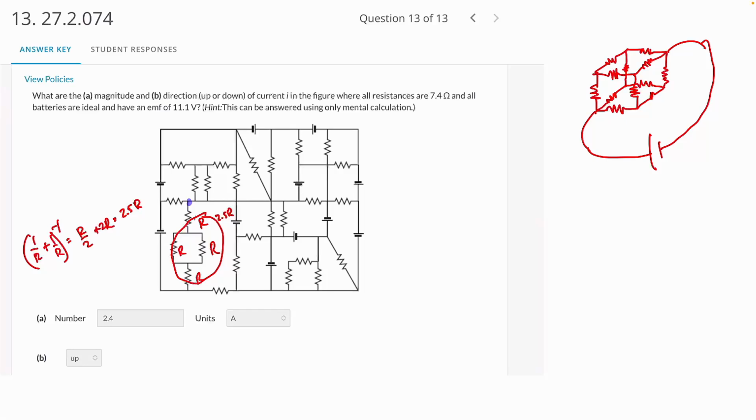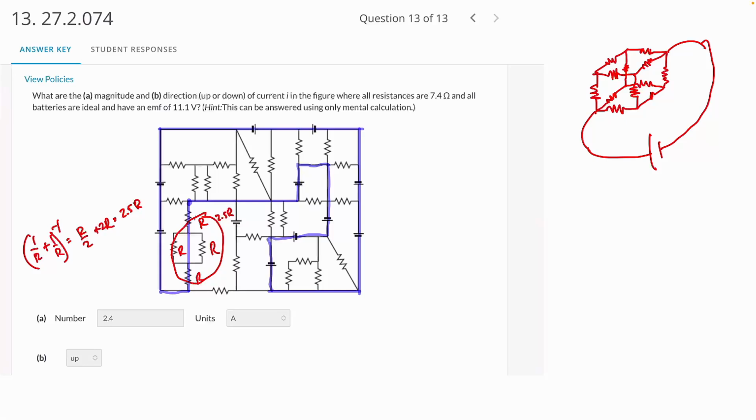Because if I go through any other resistors, my life is over. I forgot. No, I didn't. Well, I don't have to go through all the batteries.